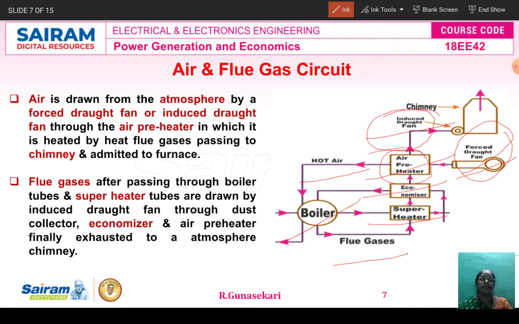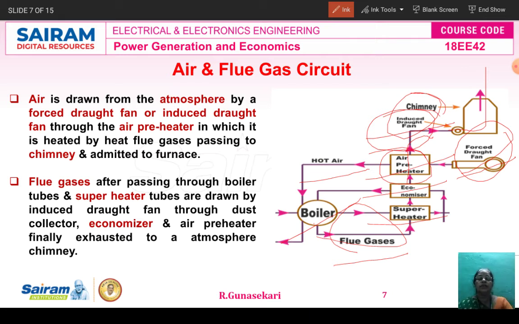The air is heated, and then that heated air comes to the boiler. Then the flue gases from the boiler go to the air preheater and are drawn by the induced draft fan and exposed to the atmosphere through the chimney. So this is the air circuit.